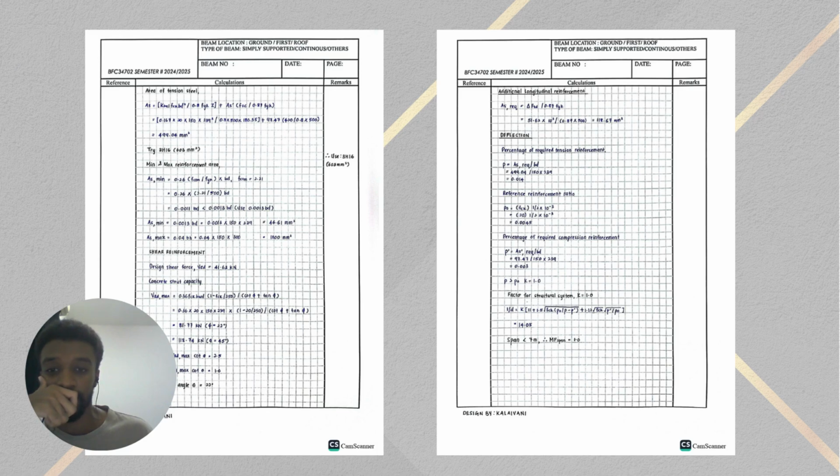The additional steel As required for longitudinal reinforcement is 51.63 millimeters, ensuring structural adequacy. For the deflection, the tension reinforcement ratio p equals 0.003, within the acceptable limits. The structure factor K is equal to 1, showing compliance with the deflection criteria.